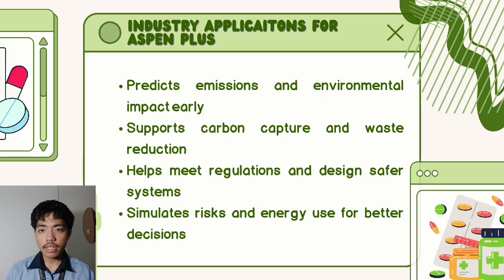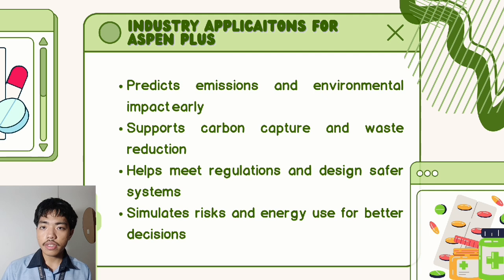Now let's talk about its environmental applications. Aspen Plus helps industries understand their environmental impact before they even build the systems. Overall, it plays a crucial role in reducing emissions and guiding companies towards cleaner, more responsible practices. Aspen Plus is really useful for environmental work.